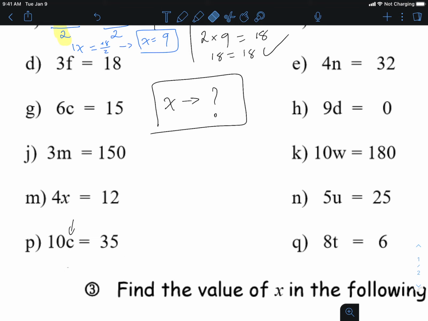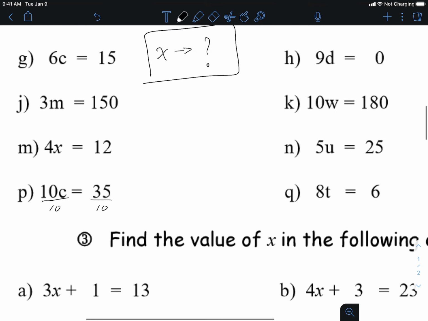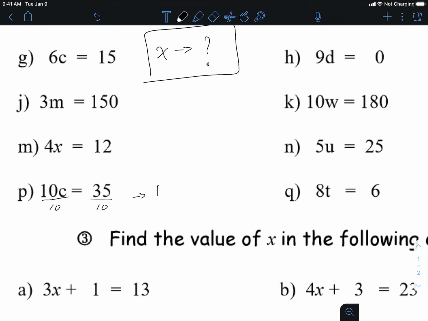It's multiplication. So if it's multiplication here, what's the opposite of multiplying? Division. So what are we going to divide by? Divide by 10. All right. And so the 10, what's 10 divided by 10? 1C is equal to? What's 35 divided by 10?